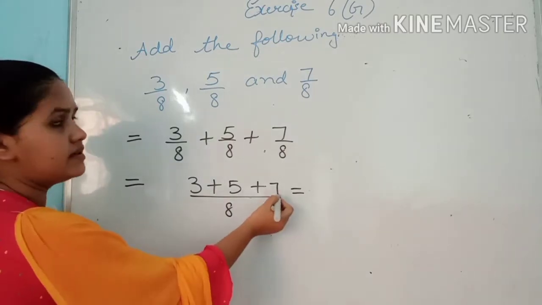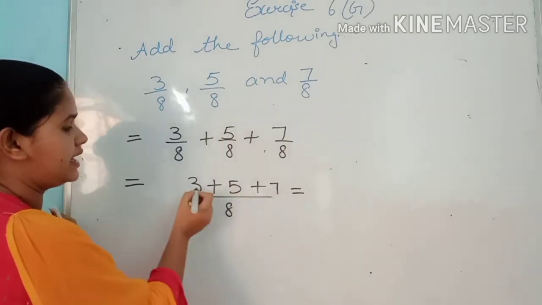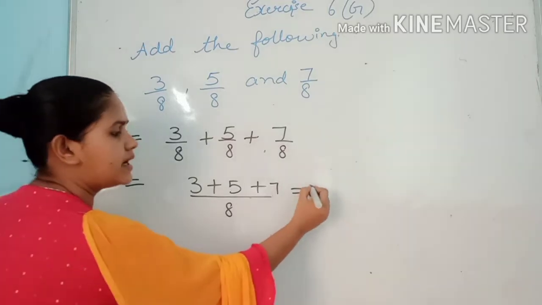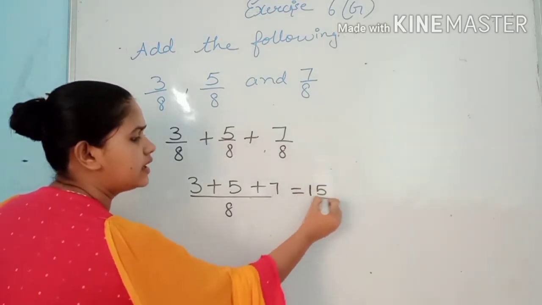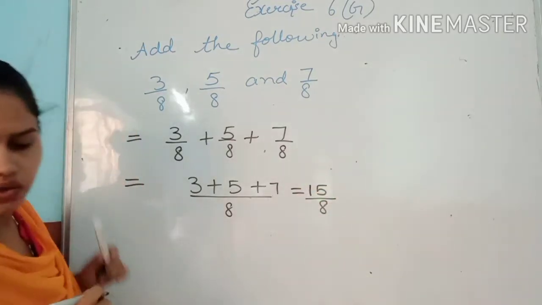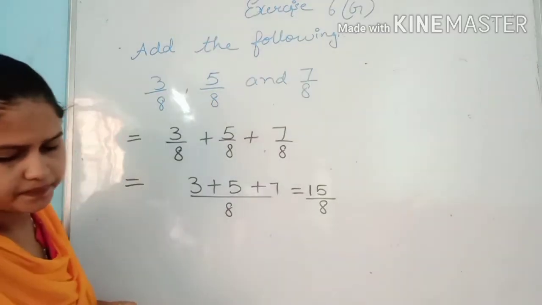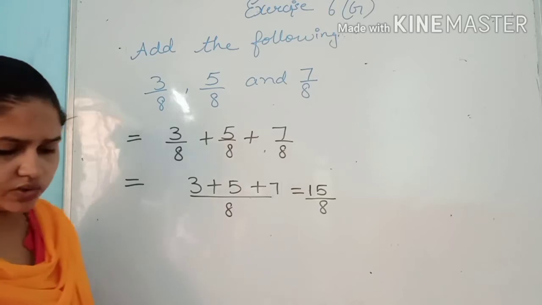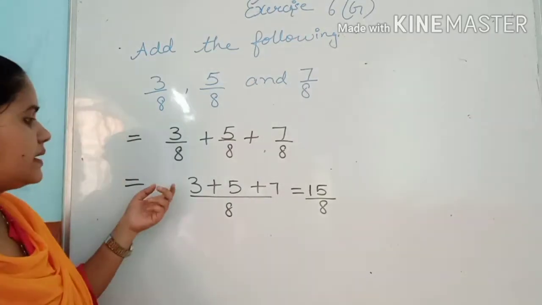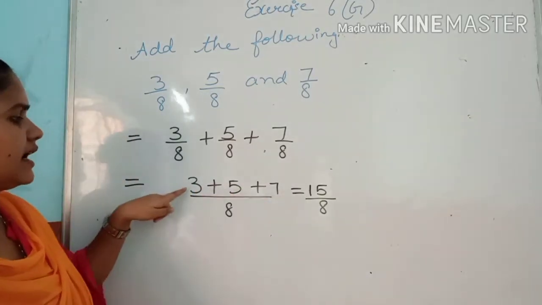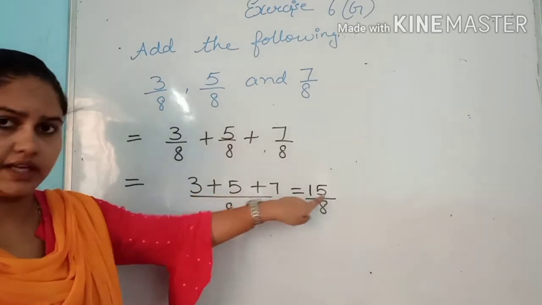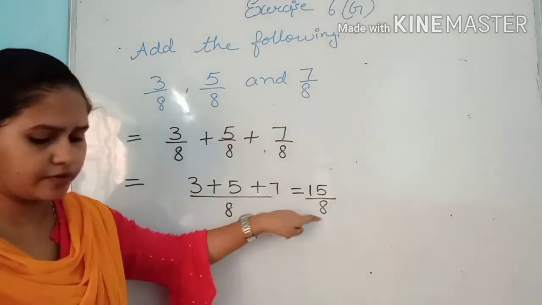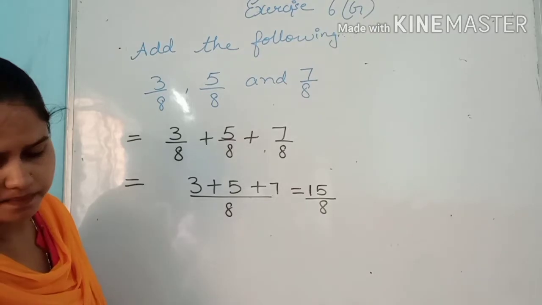So 7, 8, 9, 10 and 5 becomes 15, and here is 8. So the answer is 15 over 8. Okay students, you can add it: 7, 8, 9, 10 and 5 becomes 15, and the denominator is 8.